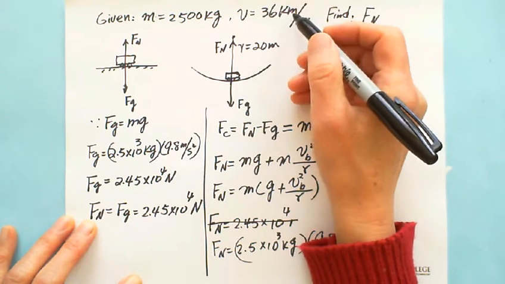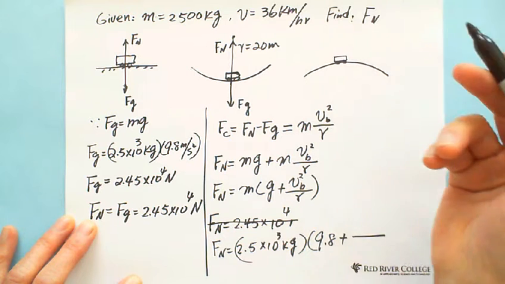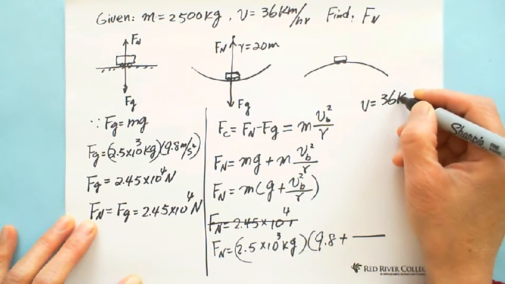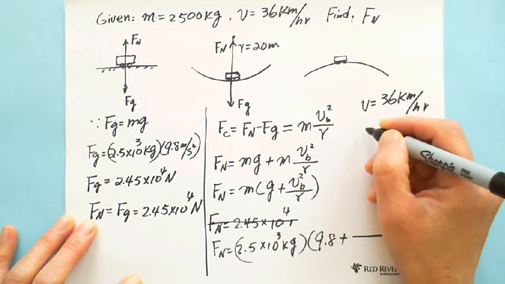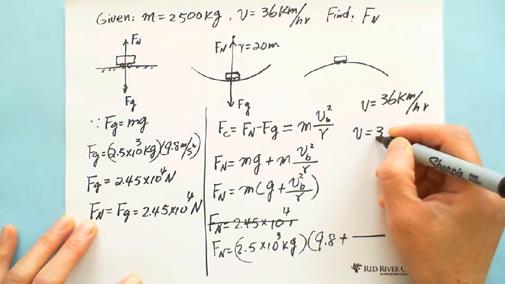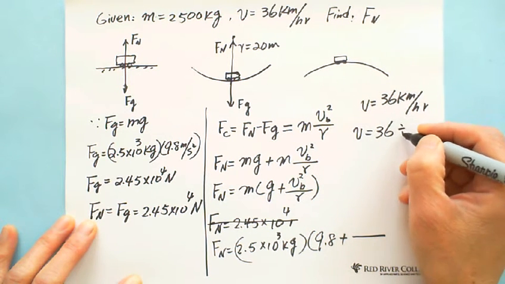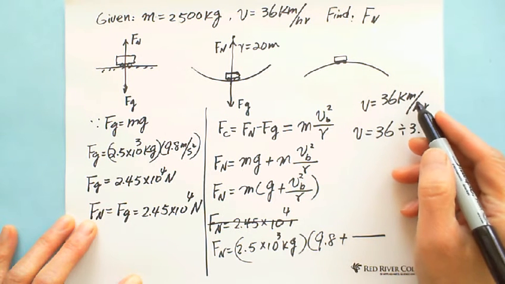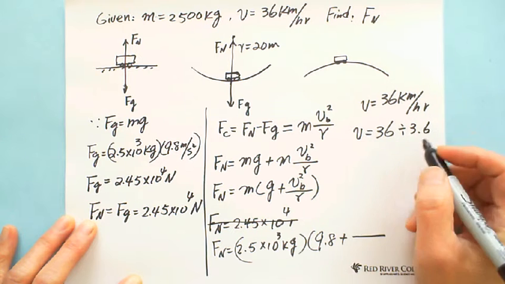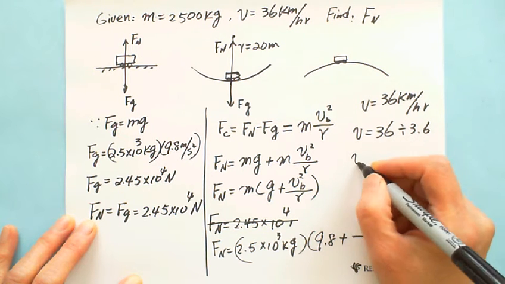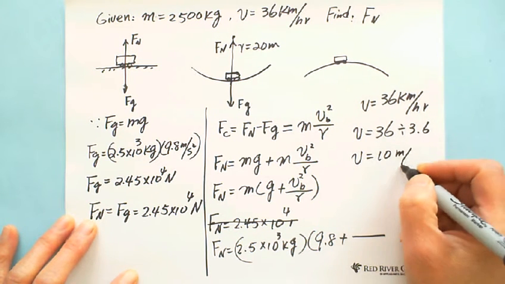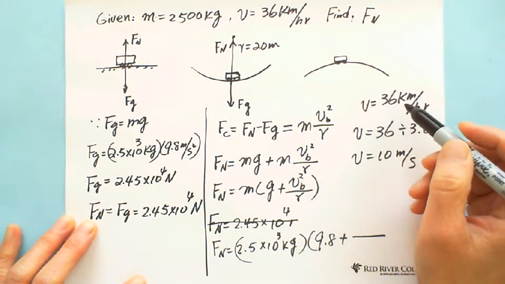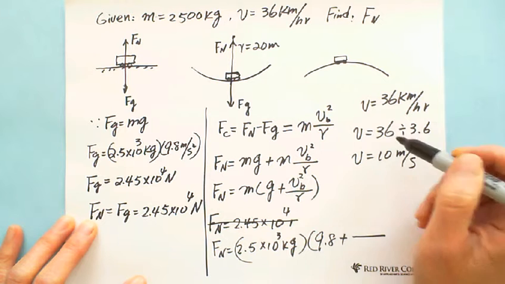The speed is 36 kilometers per hour. To convert kilometers per hour to meters per second, you just divide by 3.6, and this equals 10 meters per second.